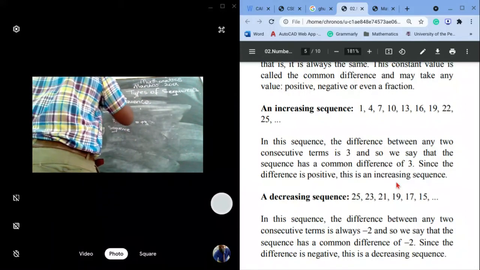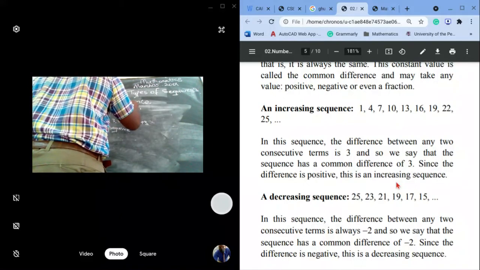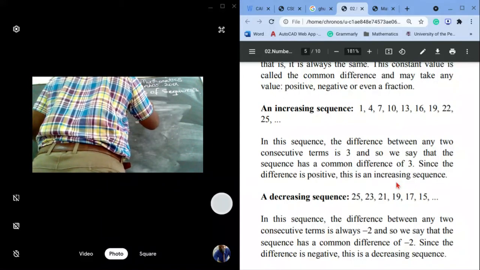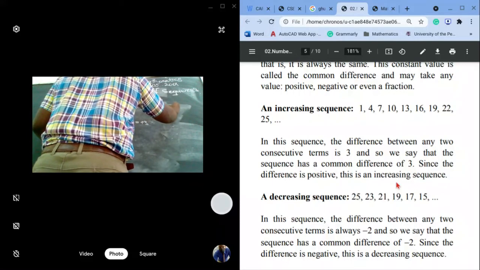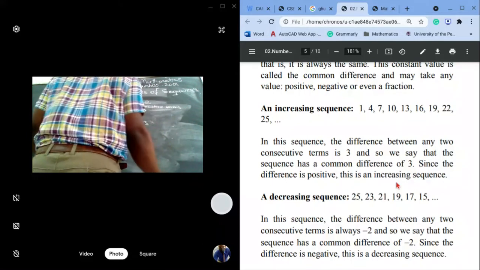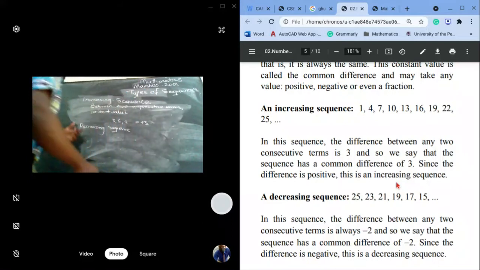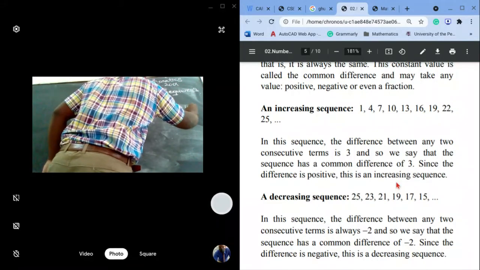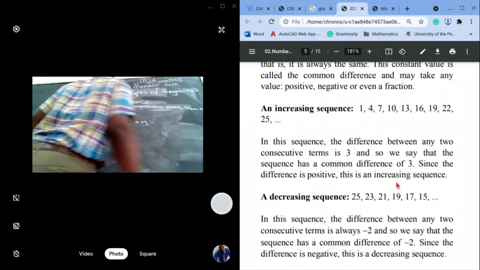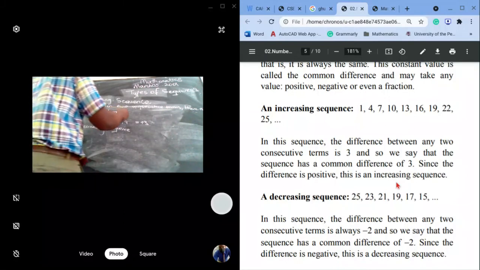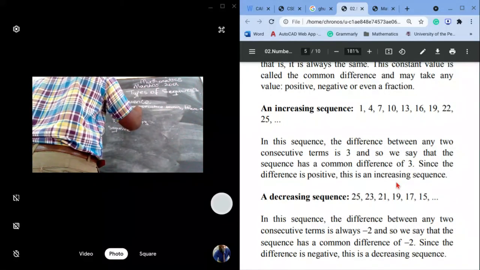Between 2 consecutive terms, there is a constant value that is positive.